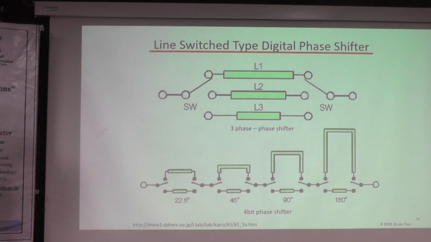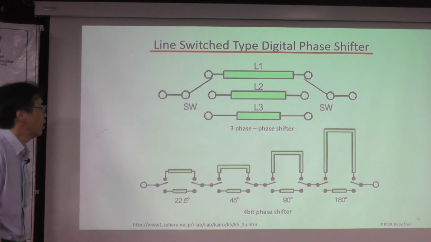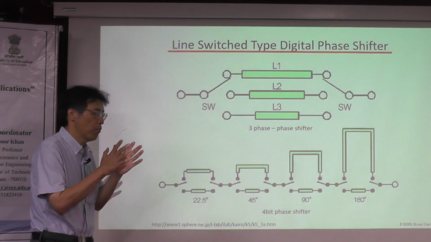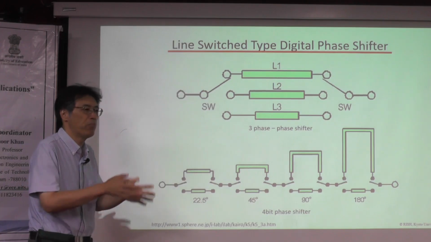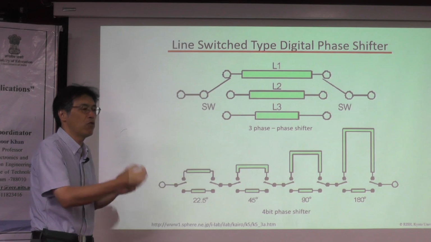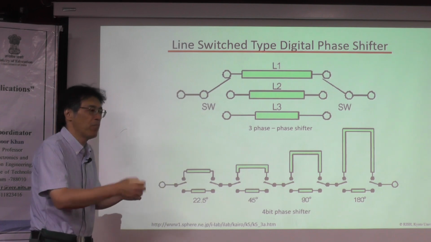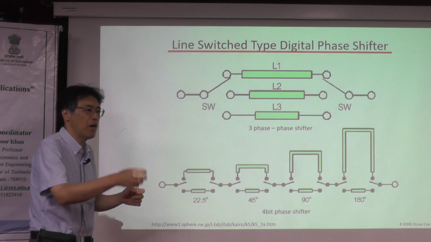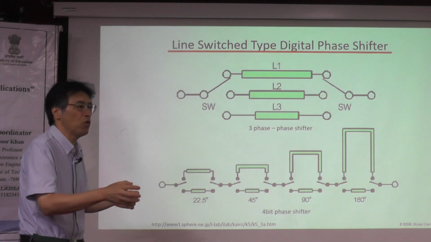So this is a very simple line switch type digital phase shifter. As you know, radio waves propagate even in the circuit, and a radio wave propagates with change of time and position.